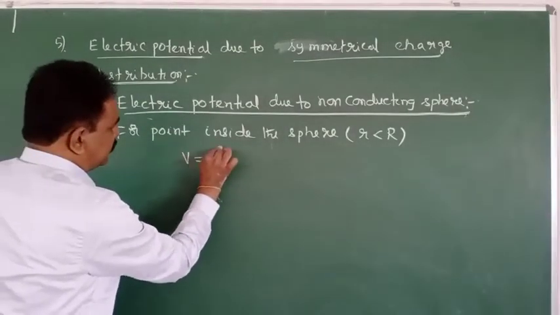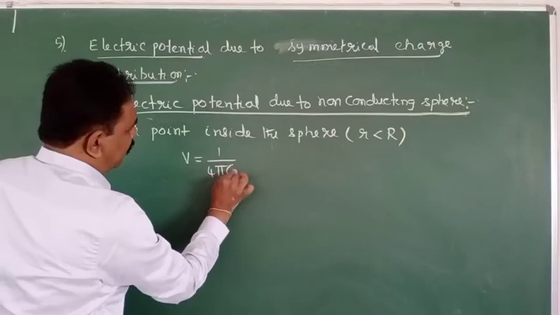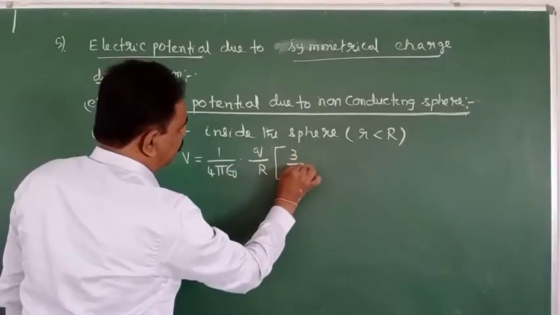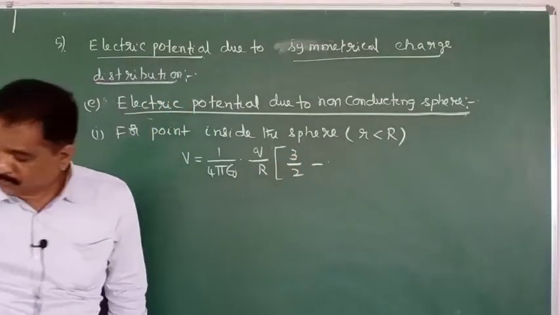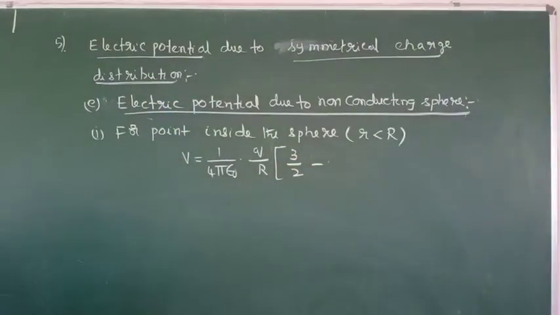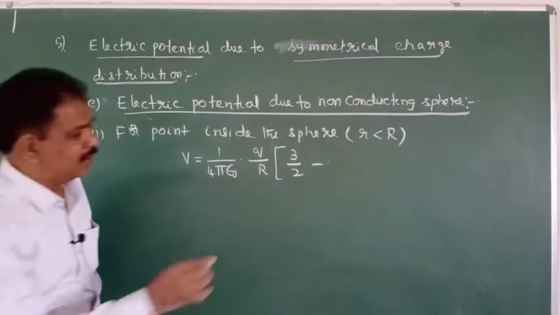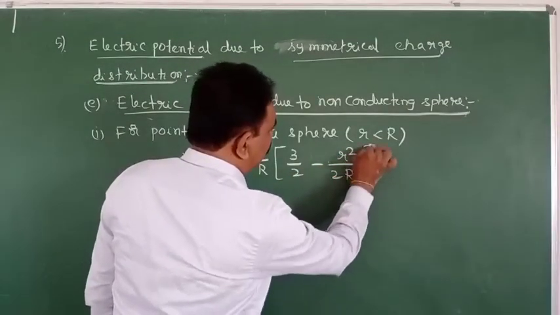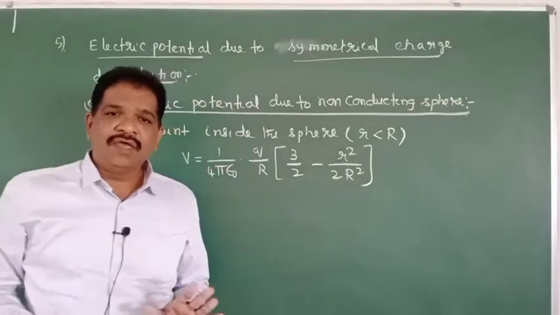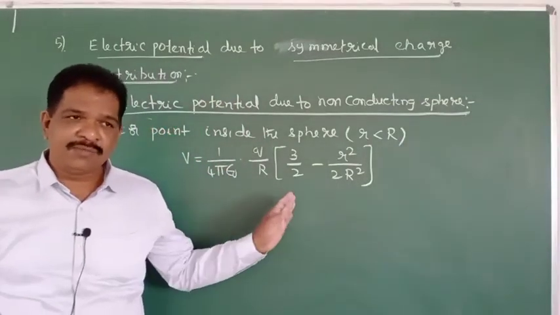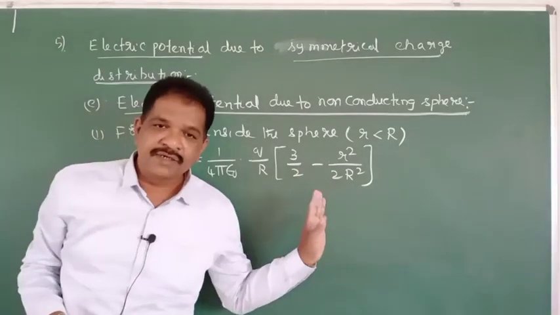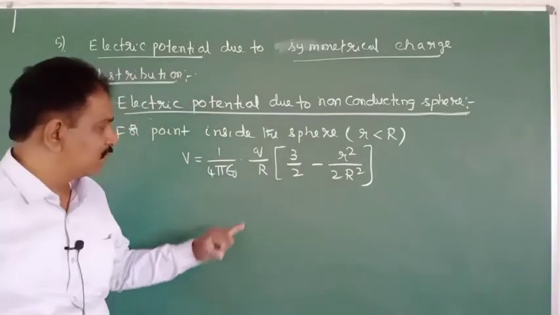V is equal to 1 by 4 pi epsilon naught Q by R into 3 by 2 minus r square by 2R square. Everything will have derivations, but in competitive examinations not much requirement is there. Just remember them as the formulas.